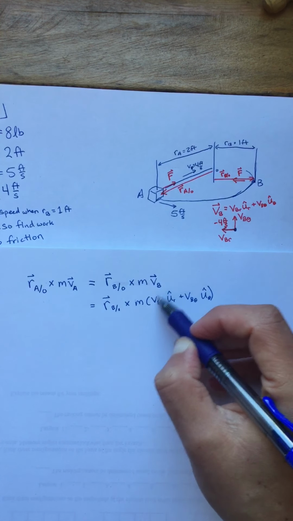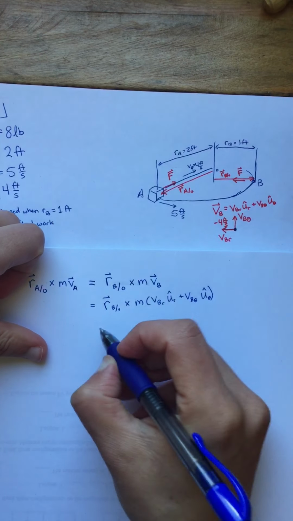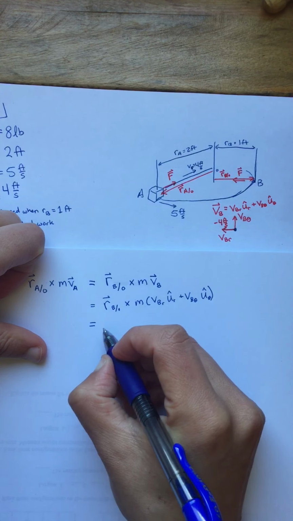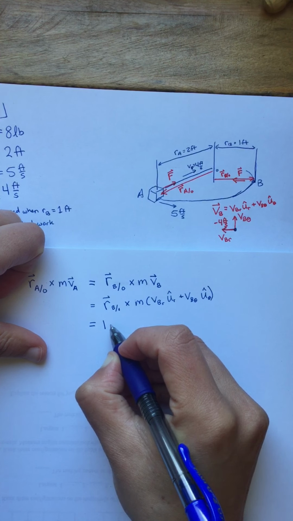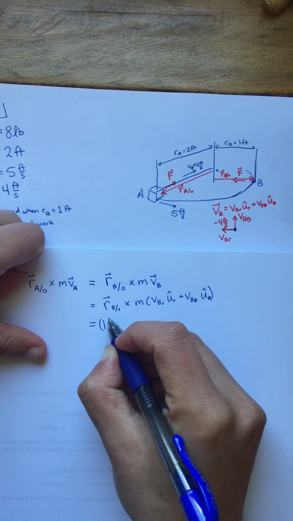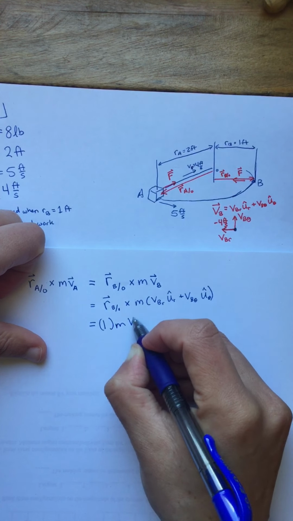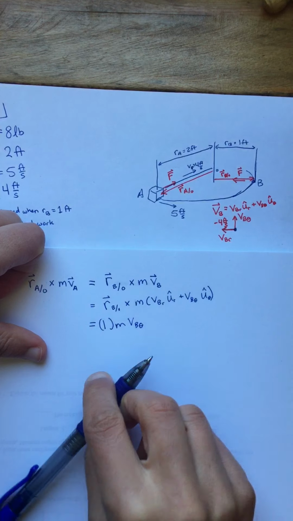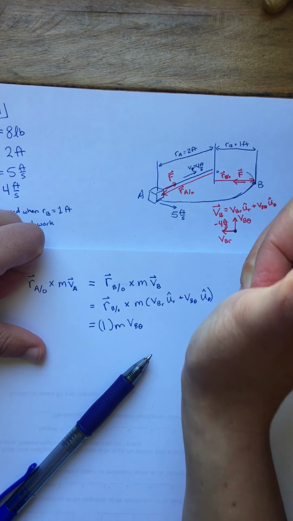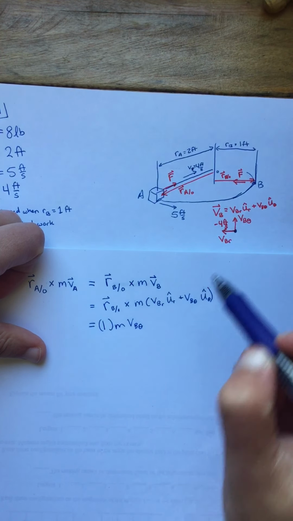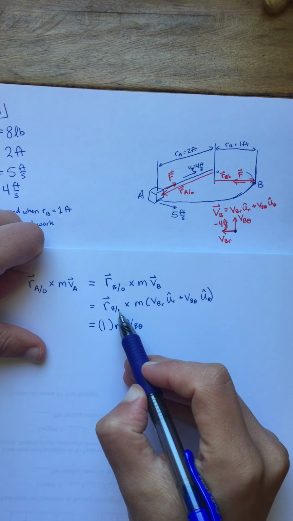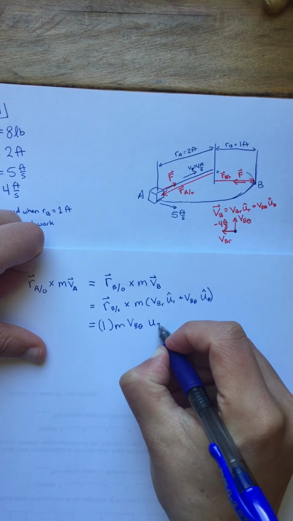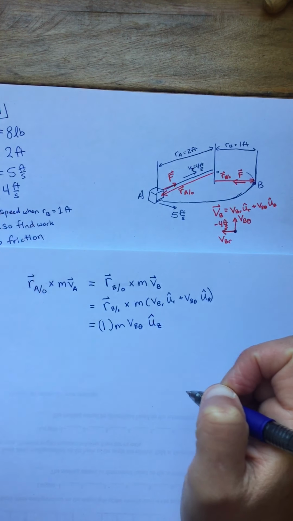So this term does not contribute. And then we have the magnitude of this vector, which is 1 foot. Let's just call it 1, times the m, times the V_B theta. If you call this i hat and this j hat, you have i hat crossed with j hat would give you k hat, or if you want to stick with cylindrical components, this is in the radial direction, cross that with the transverse direction and you get something pointing in the Z direction.